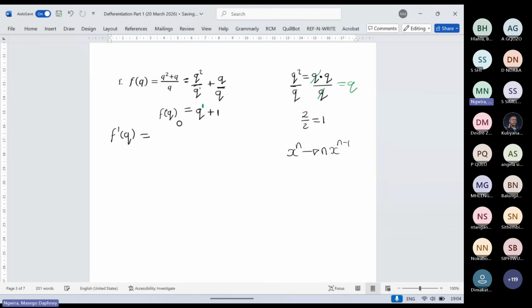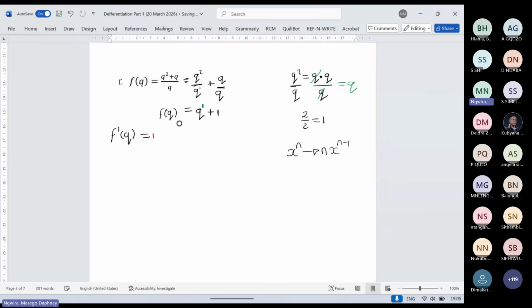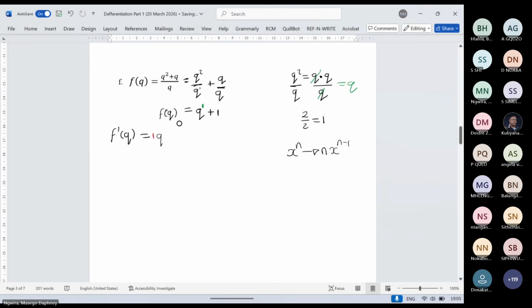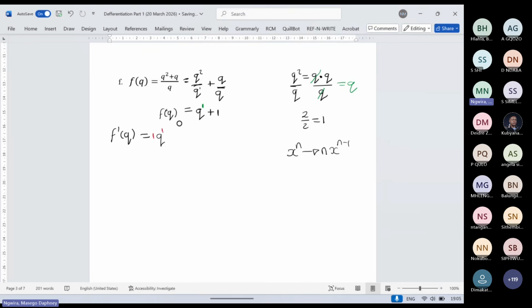Let's do it. My n is 1. 1, and then q, and then 1 minus 1, plus.